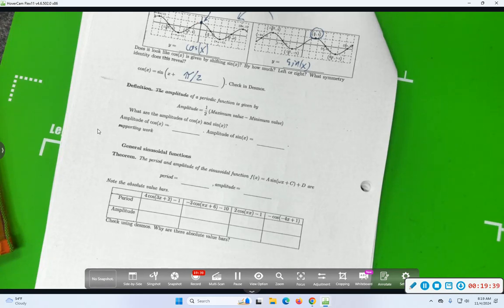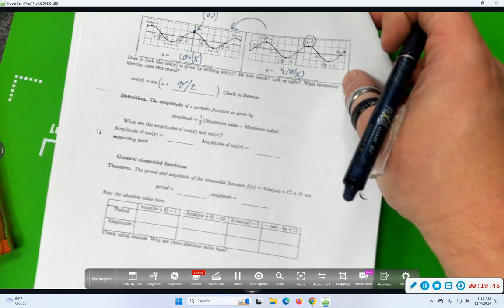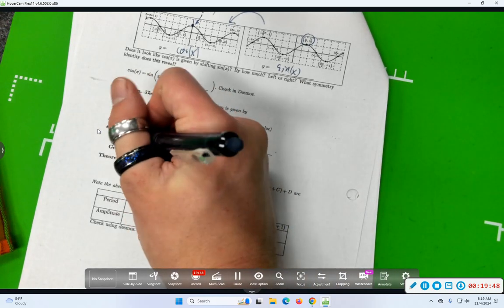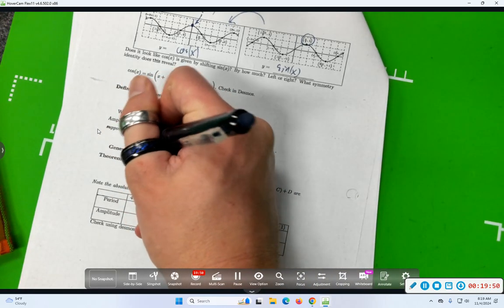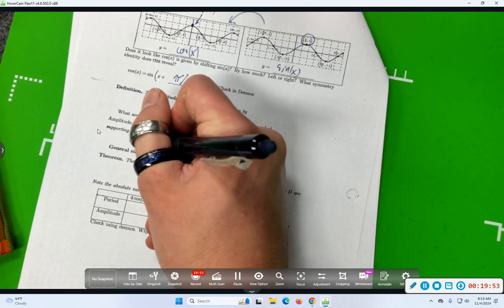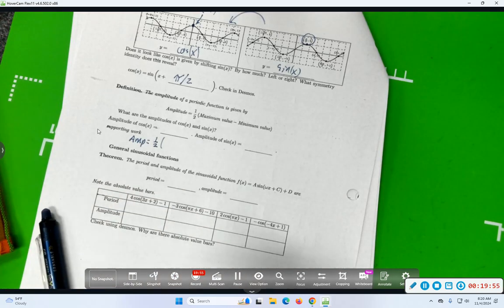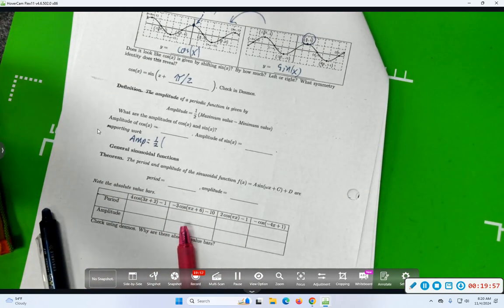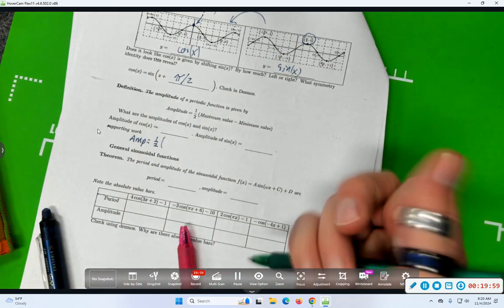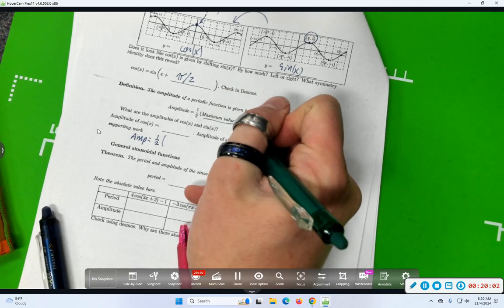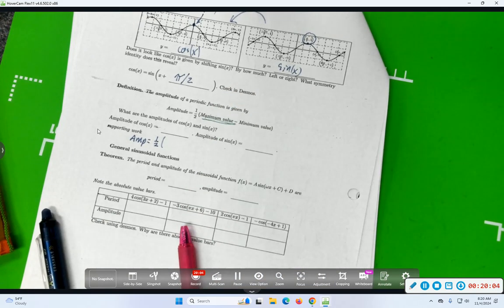So let's try to determine the amplitude of sine and cosine, and let's start with cosine. There's the graph of cosine up there. What's the maximum value cosine takes? Take a look at the graph of cosine at the top of the page. How big does it get? 1.